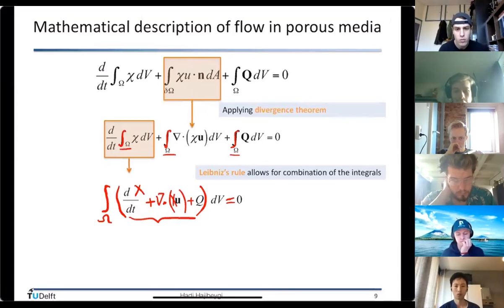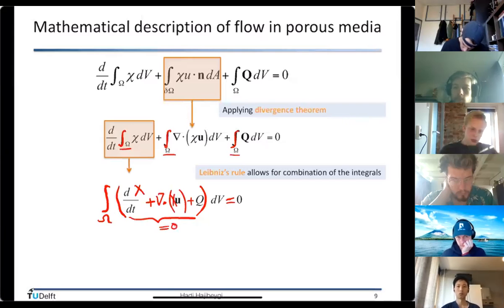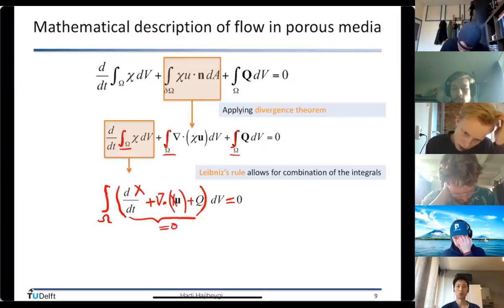And the property is that this term here must be 0. If the integral of f over any volume is 0, the term itself needs to be 0.